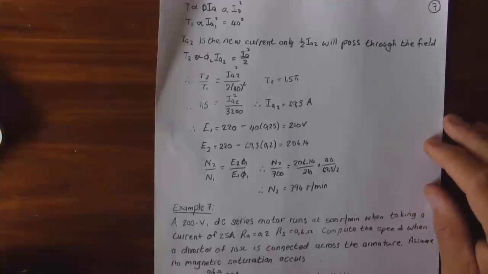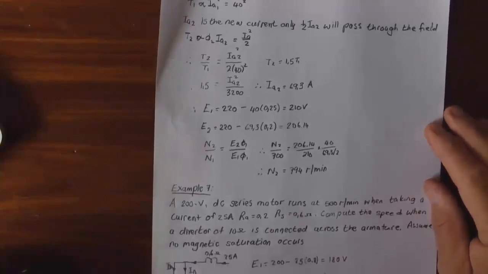T1 over T2 is IA1 squared divided by 2 times 40 squared. And remember, T2 is increased by 50%, so 1.5 is I2 squared over 3,200, which is 40 squared times 2. And that gives us a current of 69.3 amps.